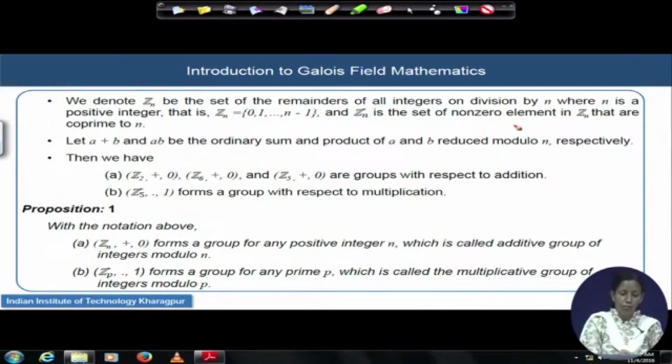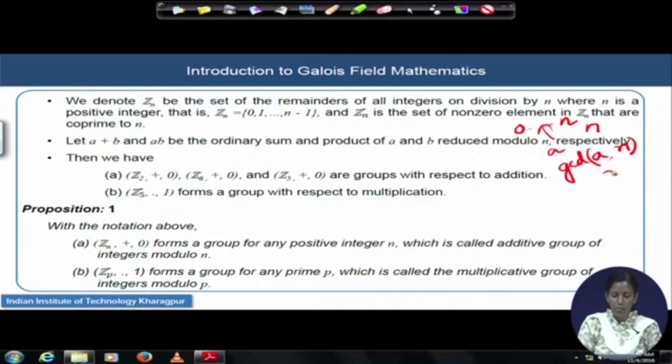The definition of coprime is such that, suppose n is a prime number, then if you pick any number between 0 and n, let that number be a, you will see that the greatest common divisor of a and n is only 1.